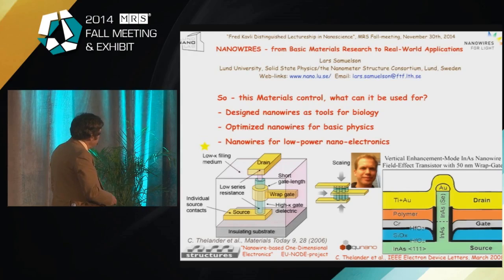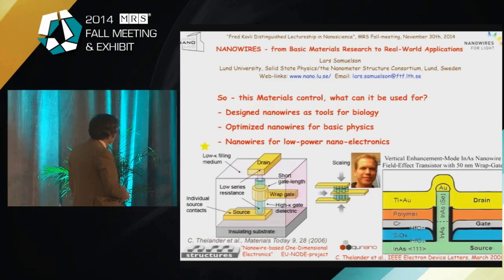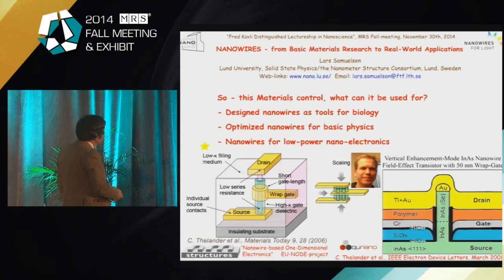Way back in 2005, we started a very big European project called NODE, Nanowire-Based One-Dimensional Electronics, that I had the pleasure of coordinating together with Claes Tillander, who was very much the doer in this project. So these are epitaxially grown FET channels, field effect transistor channels, of indium arsenide primarily. We looked at other materials as well, but in my part of this work, we mainly worked with indium arsenide.